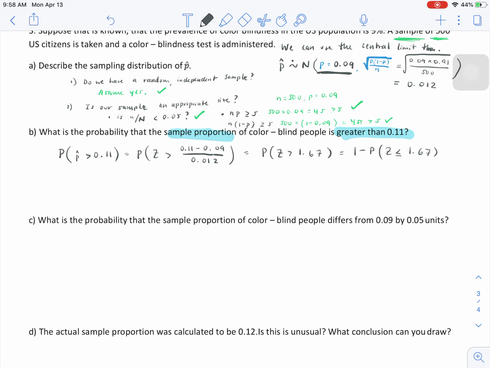I can look up the area to the left of 1.67 in my normal table, which should be 0.9525. 1 minus 0.9525, you should get 0.0475. So the probability that the sample proportion of colorblind people is greater than 0.11 is about 4.75%.